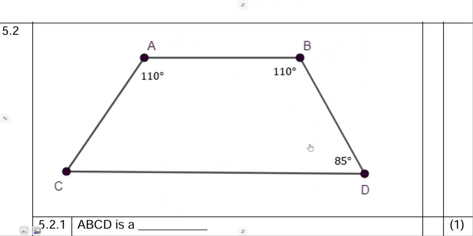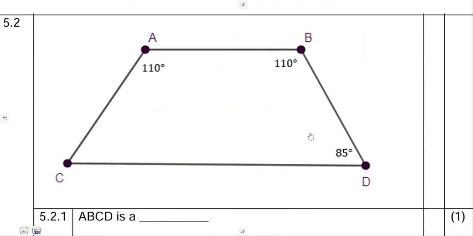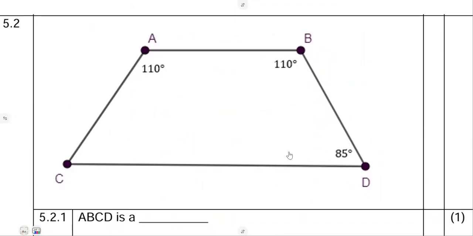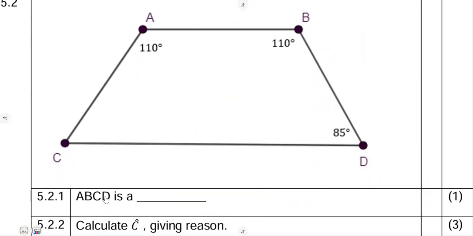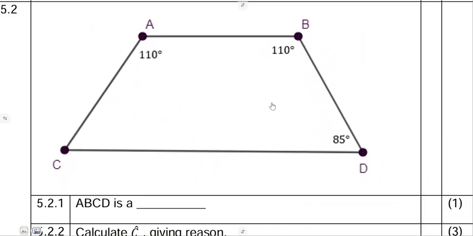And 5.2, we have got a certain shape. That is 5.21. A, B, C, D is a what? All right, this shape that we are given, it was a tempting question because most of you were going to say this is a trapezium. No, this is not a trapezium. Remember, a trapezium, we must prove it.